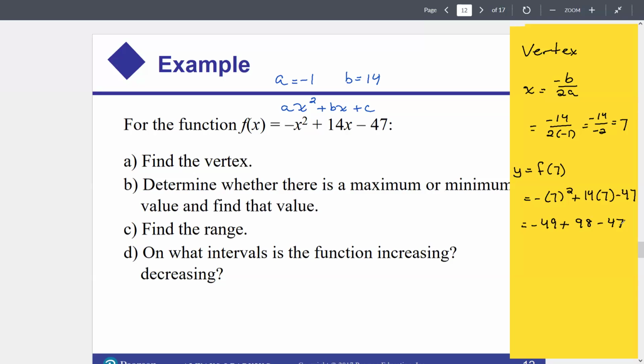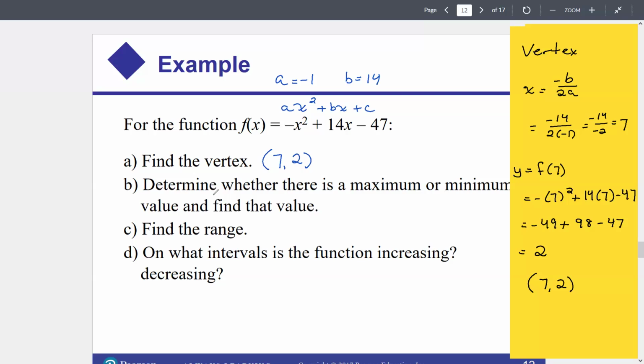Okay. So if we subtract everything, we should be just left with a 2. So my vertex is going to be 7, 2. So right here again.